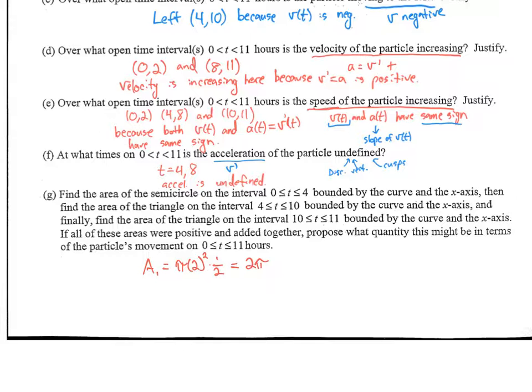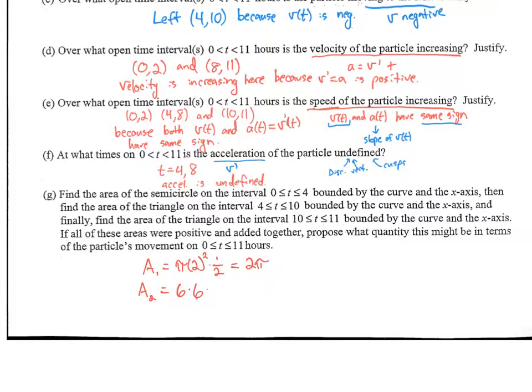And then if we take a look at the area of the triangle on the interval 4 to 10, I'm going to call that A2. So for that triangle, we find 1/2 the base times the height. The base goes from 4 to 10, so that's 6. The height goes all the way down to -6, so the height is 6 as well.